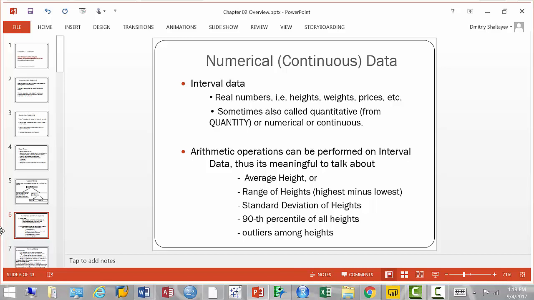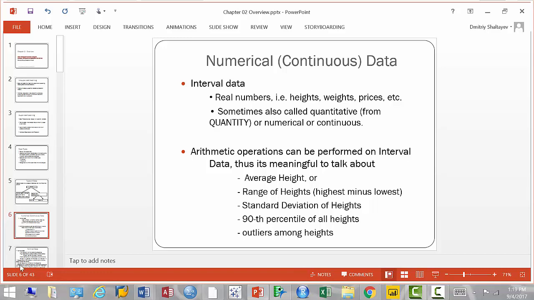In other words, I'm measuring things that are interval or numerical with numbers or quantities. I assign quantities to each observation. So this data type is also often called quantitative, as opposed to what? Qualitative. So categorical data are often also called qualitative data.